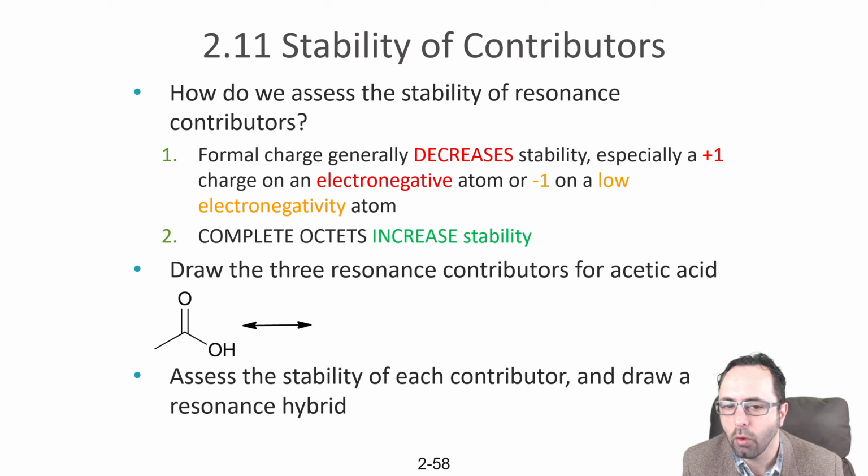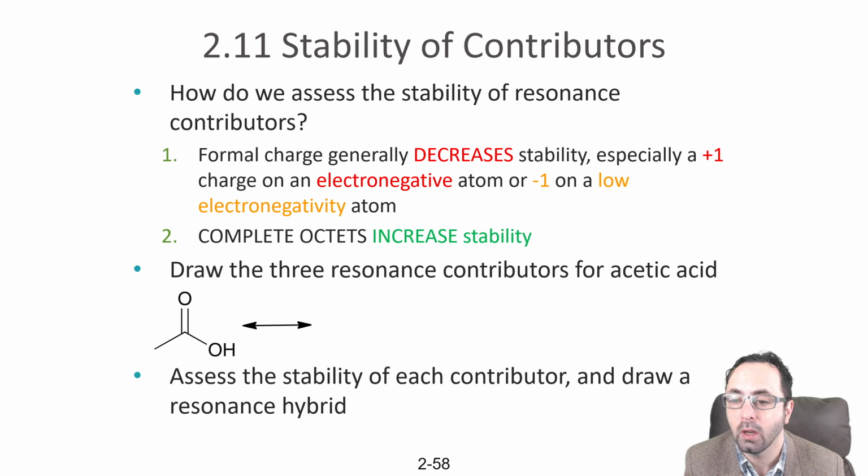Generally, if there's formal charge on a structure, that indicates lower stability. So the most stable structures are generally those with the lowest amount of overall formal charge, particularly if there's a positive formal charge on an electronegative atom, or a negative formal charge on an atom with low electronegativity.